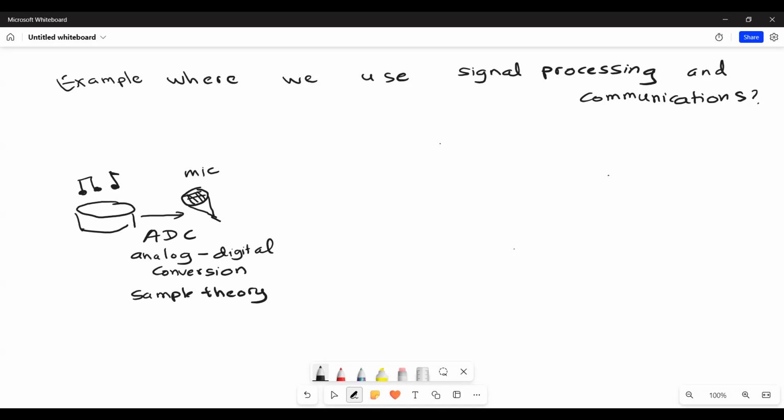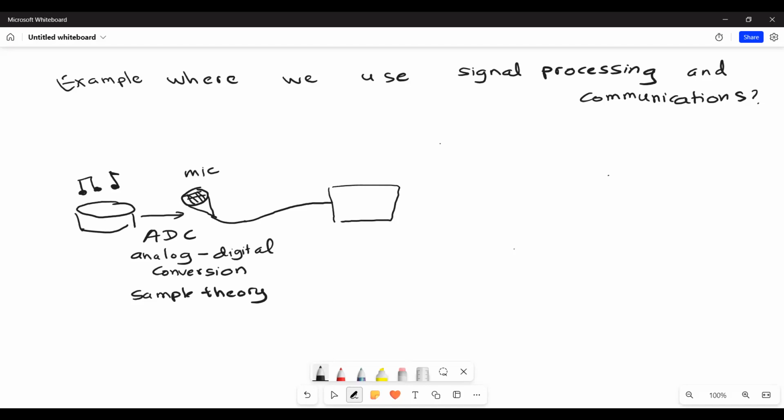And then this mic will send the signal it received to a certain unit, where we will be processing the signal further.